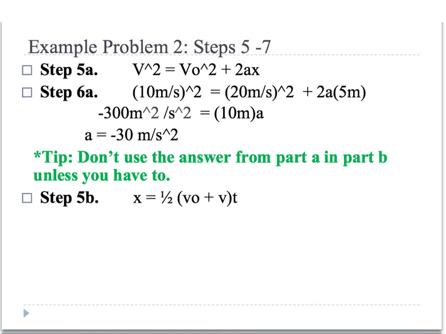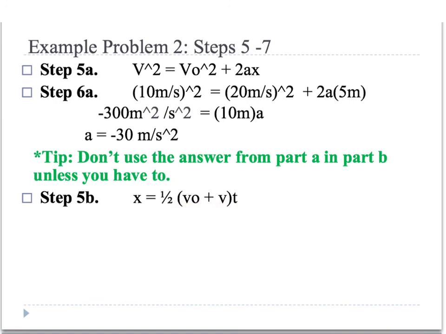Then I went ahead and worked through part B separately. As an important tip, there are times when you're forced to use an answer from part A in part B, but in this case, they gave us enough information that we don't have to use our part A answer. So we're going to say that acceleration is our who cares for part B. If we do that, we come up with another equation that doesn't have acceleration in it.